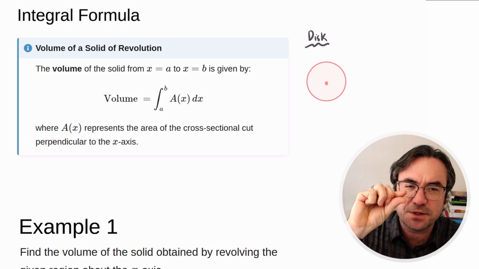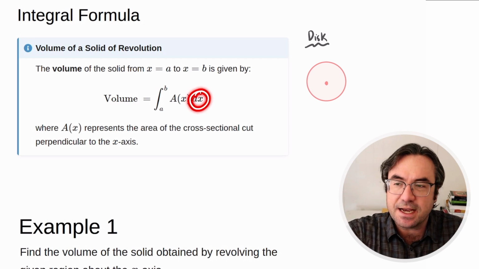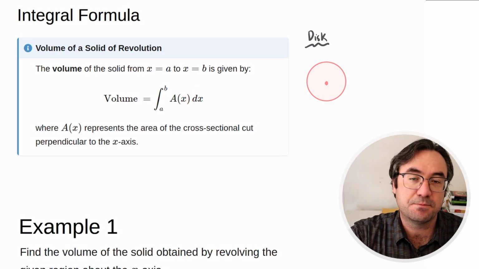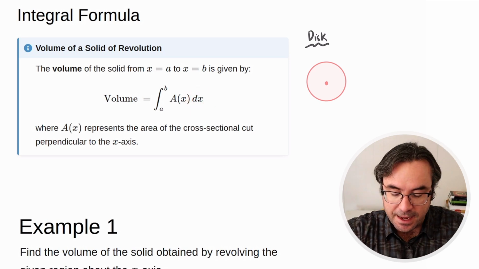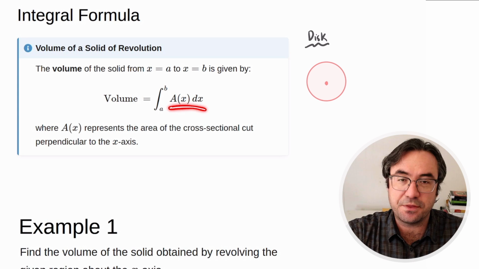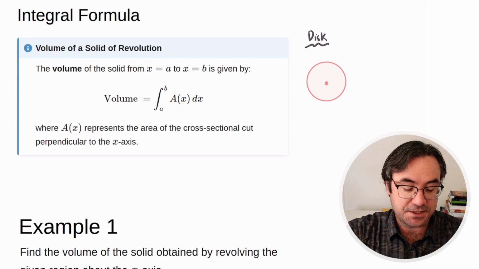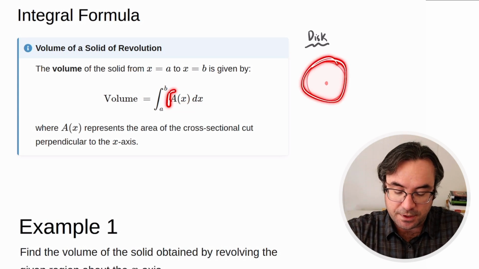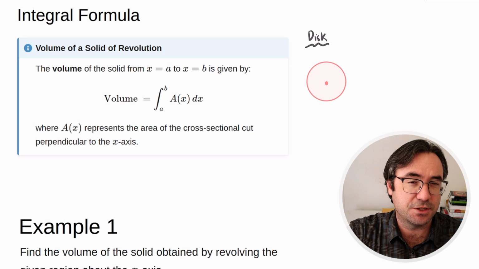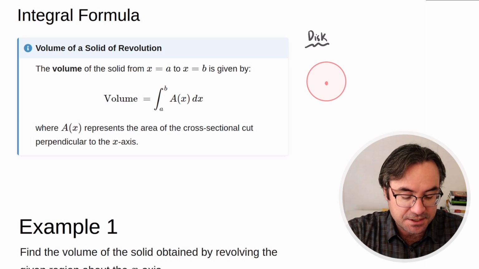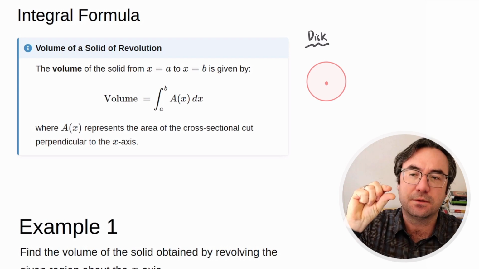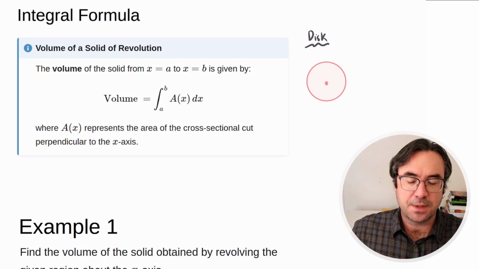They're very thin, but there is a thickness. So that's what dx represents. This represents the thickness. And the area, when we multiply it with the thickness, is giving us the volume. So A of x times the differential dx is giving us the volume for each of those tiny individual little discs.